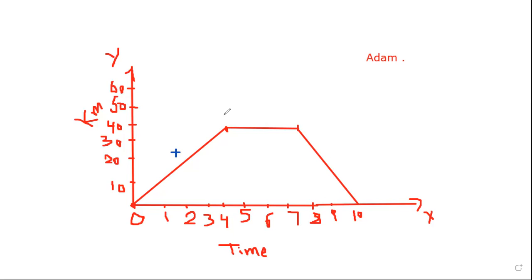If there is anyone who can tell me the next step, what is the second bar donated for? This one is donated for what? It means it's constant. He didn't go more or less.